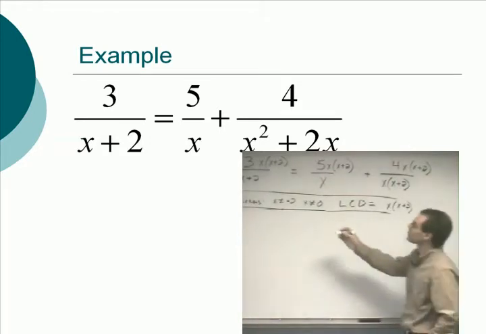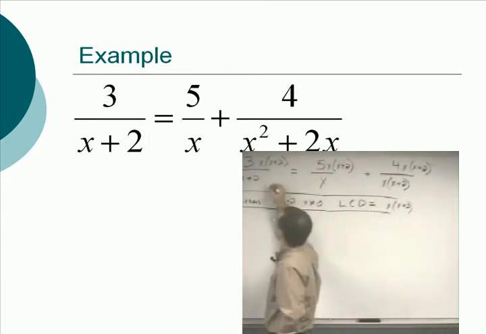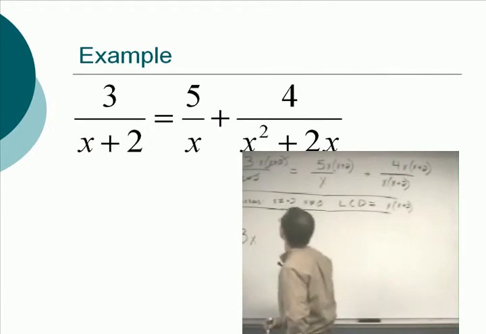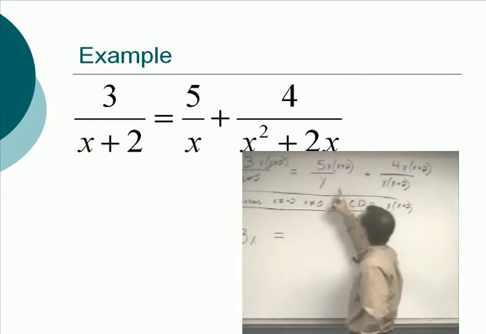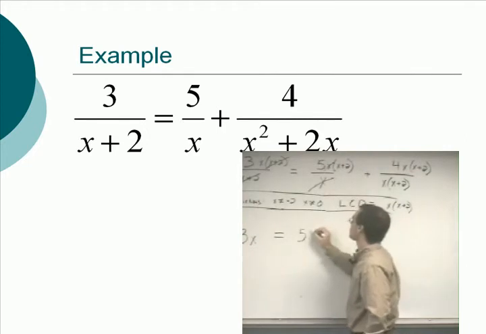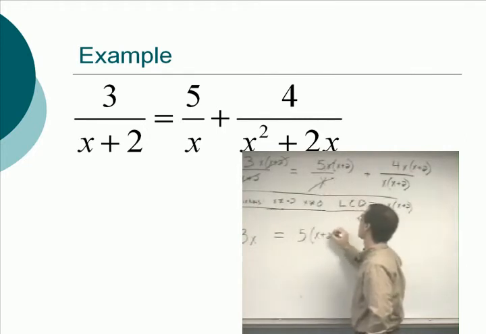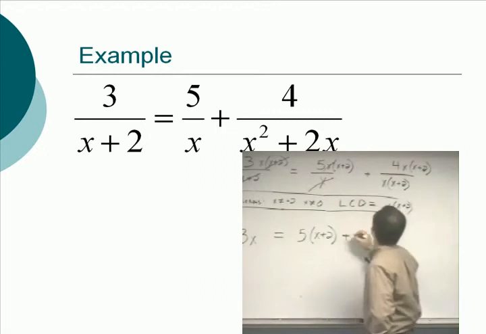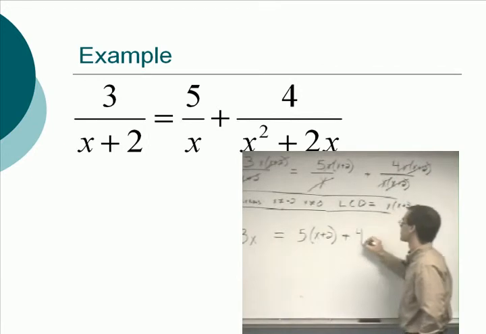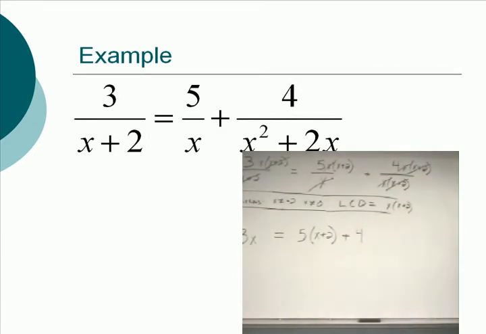The first term becomes what? That's right, 3x. This term becomes 5 times x plus 2. And this one, 4. Now that's an easy equation to solve.